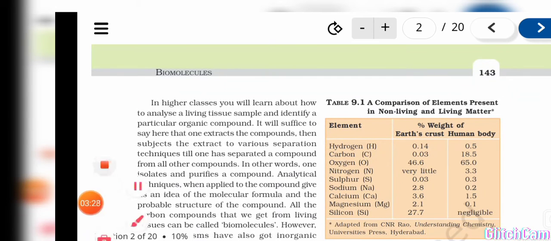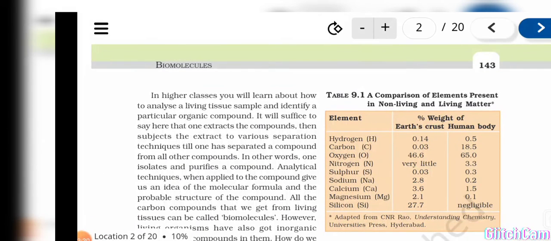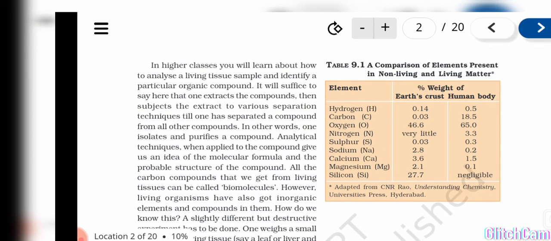In the acid soluble portion you will get a number of compounds, and they can be separated by different techniques. We can purify and then analyze them, and that will give us some idea about what molecules are there. We can even know the molecular formula and also the structure of the compound.